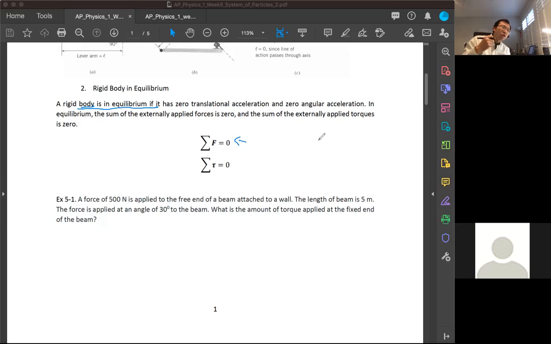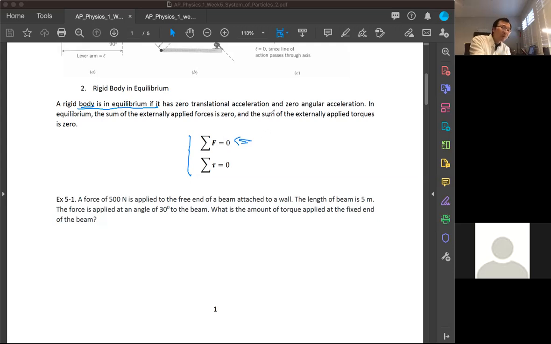So if there's no change of the static motion, we see that this body or object is in equilibrium. So both conditions have to be satisfied. First one, we just mentioned that the net force acting on the object has to be 0.